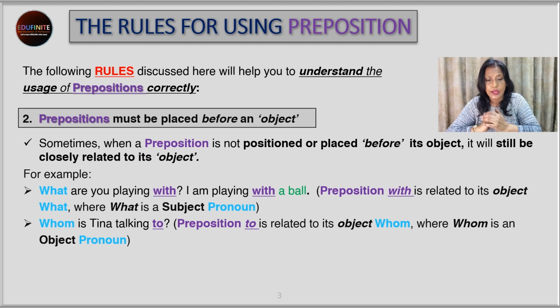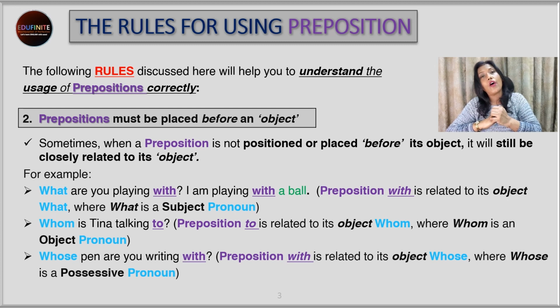Well, in the next one, whose pen are you writing with? Maybe I'm writing with my mother's pen or my father's pen, and someone has entered the room and they know that it's not my pen. So that person is asking me, whose pen are you writing with?